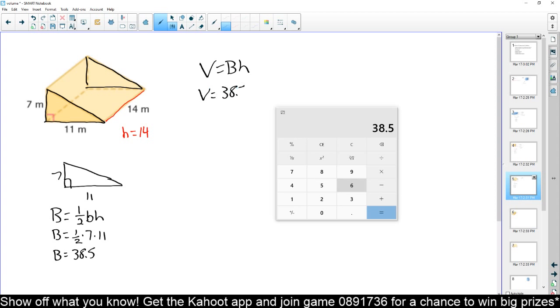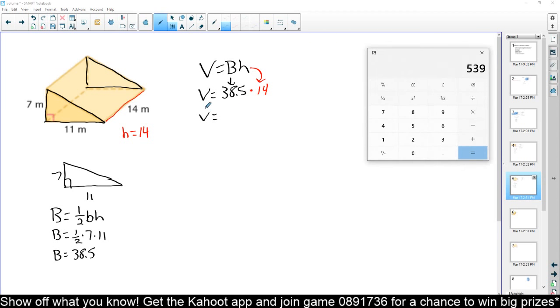And then I can substitute my values in. So there's my area of the base. My height we said was 14. So very last step, we just have to do 38.5 times 14.